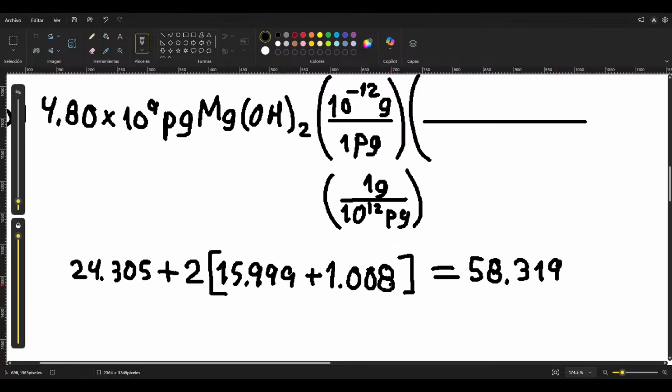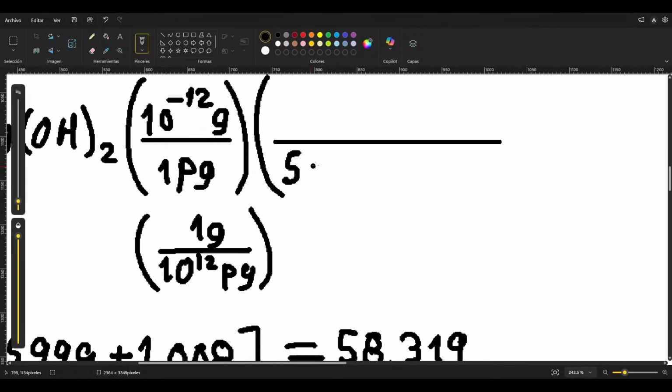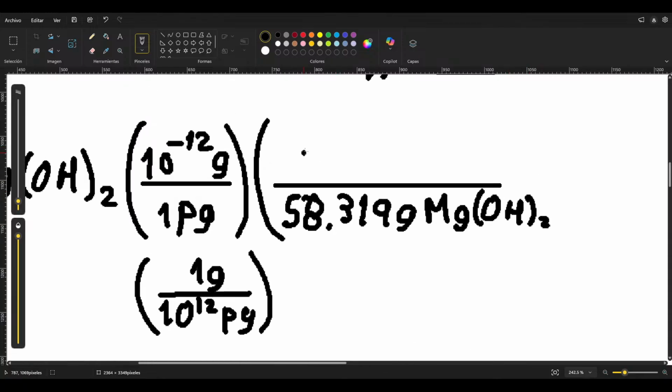That's why we get 58.319. So this is gonna be the molar mass. Like there's 58.319 grams of magnesium hydroxide in 1 mole of magnesium hydroxide.